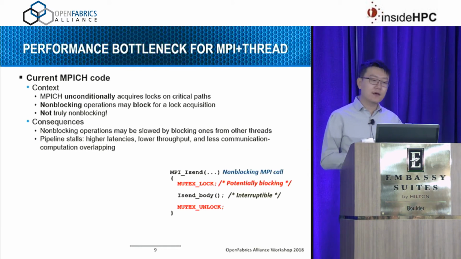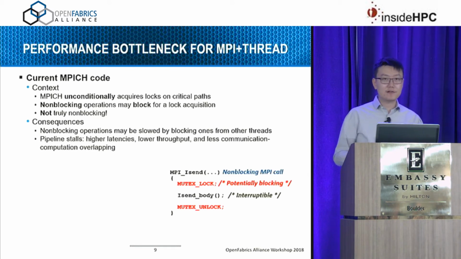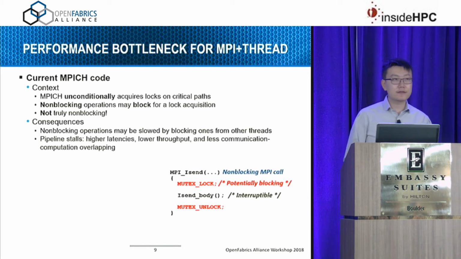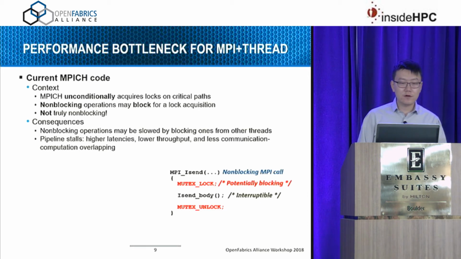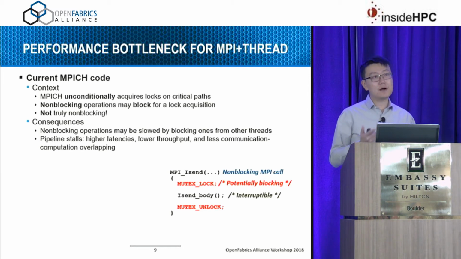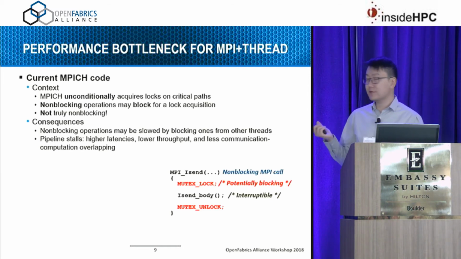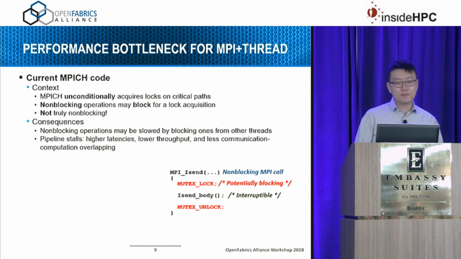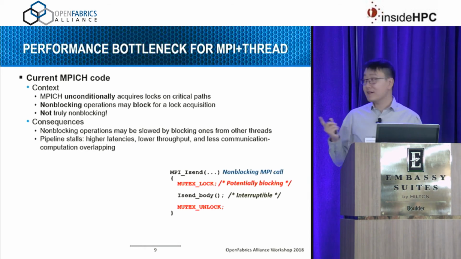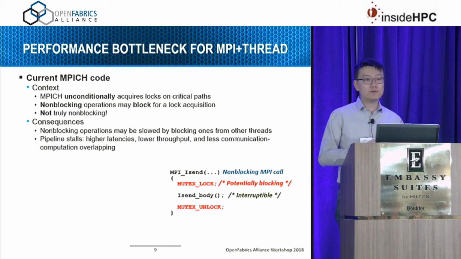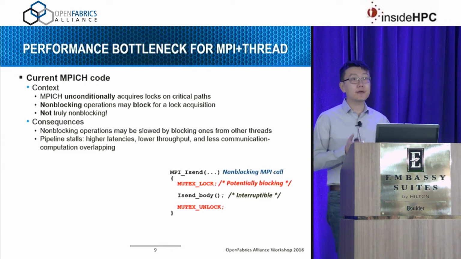But the problem is that all the threads have to contend for this lock. So for a non-blocking operation like ISend, you still might block at the place where you're trying to acquire the lock. And to make things worse, this ISend function would also run into contention with MPI_Wait.